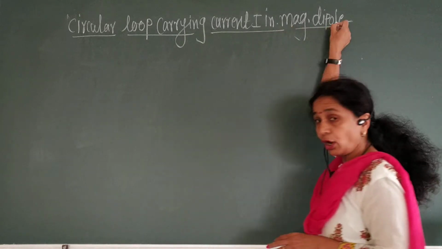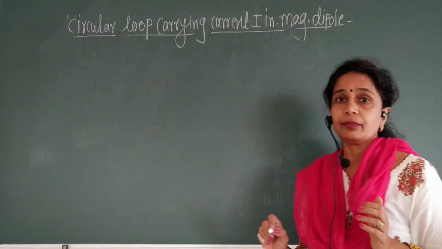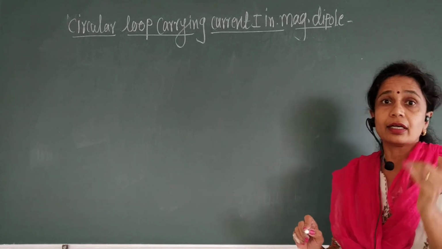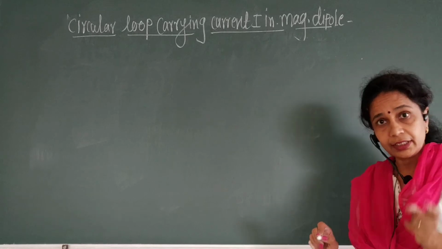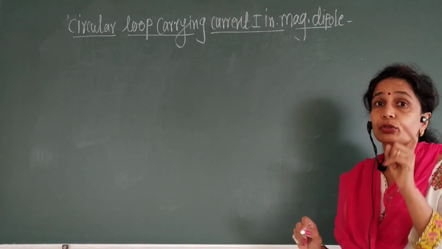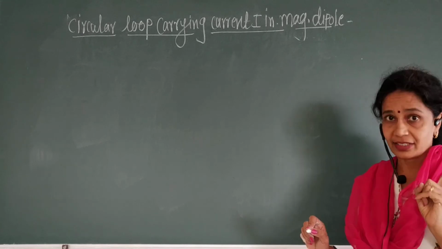The behavior of the magnetic field due to the current carrying loop is similar to that of the electric field at large distances.